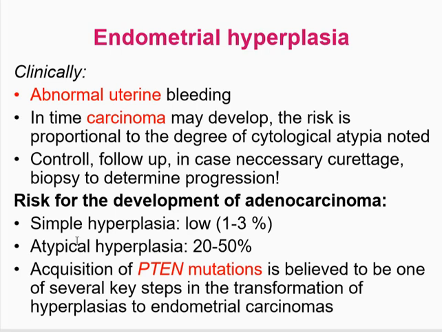By contrast, atypical hyperplasia, so complex hyperplasia with cellular atypia, is associated with a 20 to 50% risk of developing adenocarcinoma of the endometrioid type, and this is often associated with loss of function of the PTEN tumor suppressor, and this is a relatively early step in endometrial carcinogenesis.